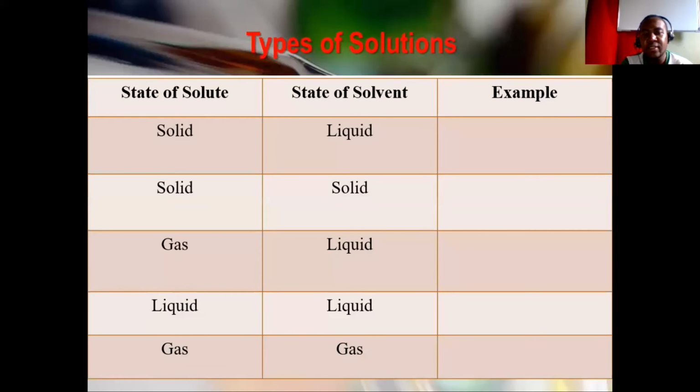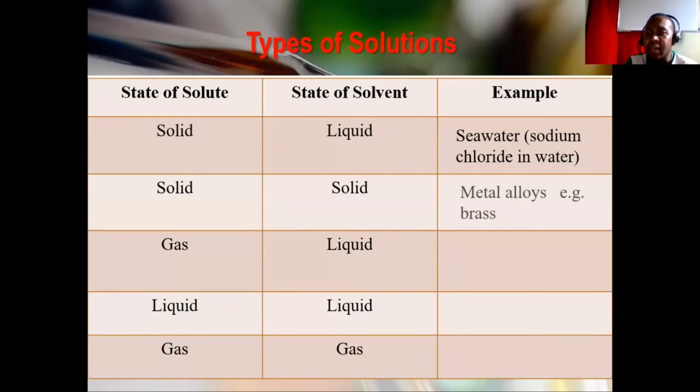All right, so in this case, we're going to look at different solutions based on the state that they're in. If we have a solid as the solute and the solvent is a liquid, remember, the solvent is what is doing the dissolving, an example could be salt and water. If the solute is a solid and the solvent is also a solid, this can be an alloy, like brass or bronze.